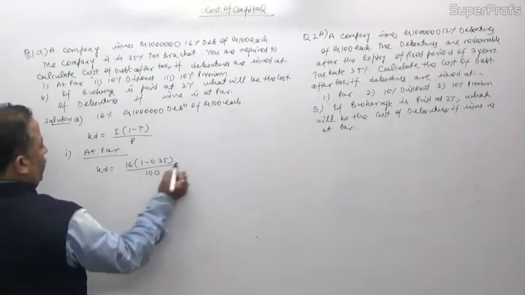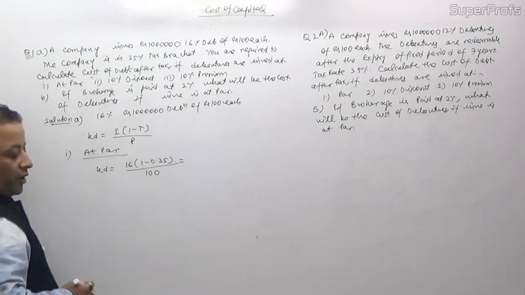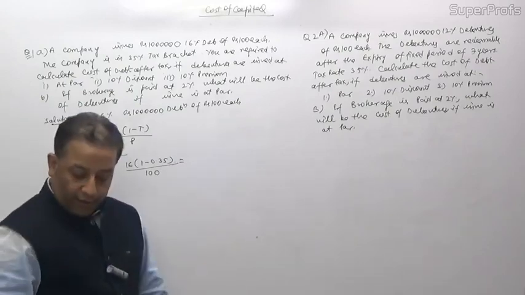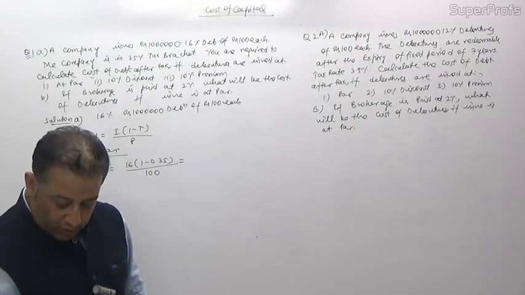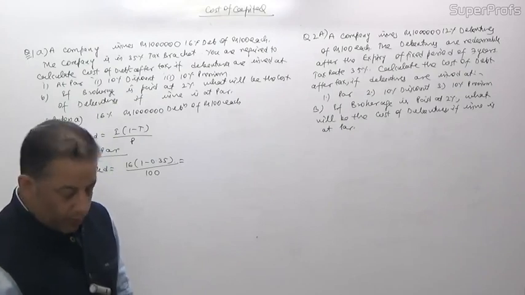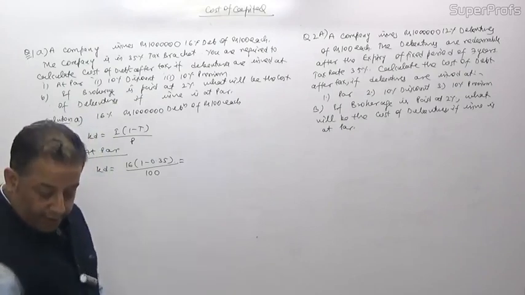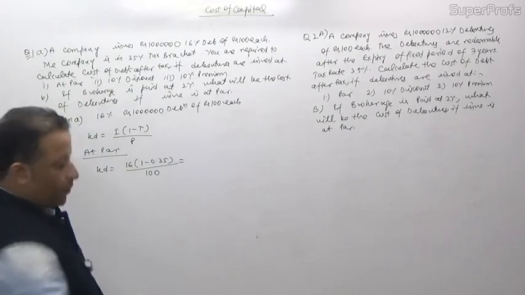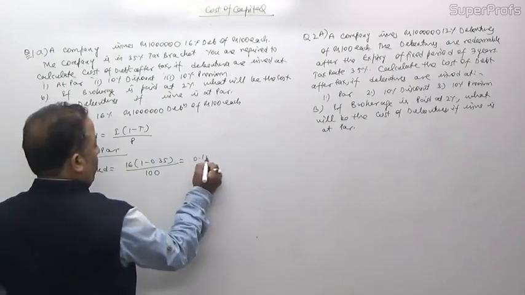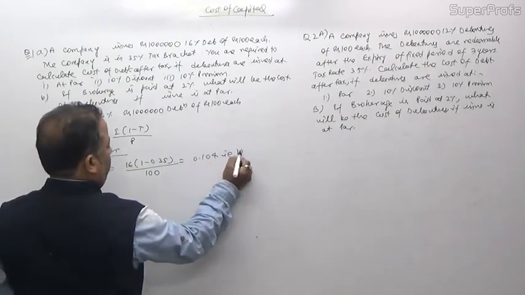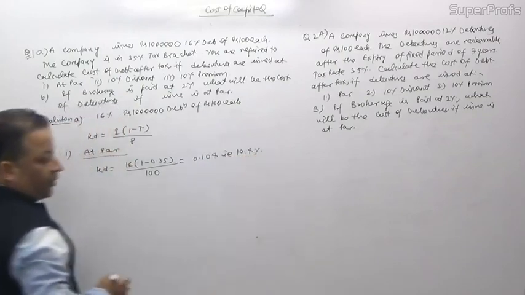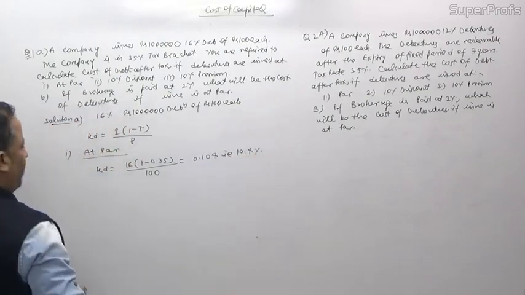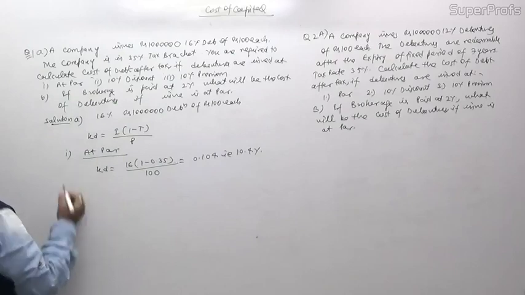The face value is rupees 100. 16 into 0.65 is 10.4, divided by 100 gives 0.104, that is 10.4%. So 10.4% is the cost of debt.